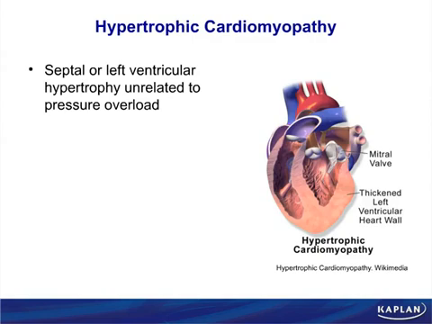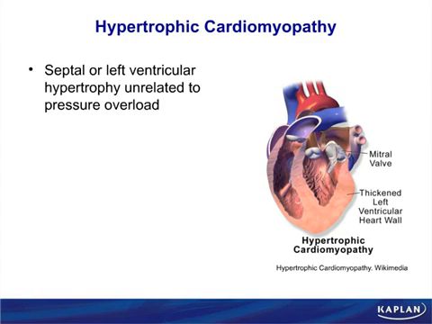The last form of cardiomyopathy is called a hypertrophic cardiomyopathy. Now, this one's going to be a little bit different than the restrictive because we are going to get hypertrophy. And this won't really be eccentric or concentric; it's actually going to be more like a concentric. But you'll get septal hypertrophy, and I want to highlight that word.